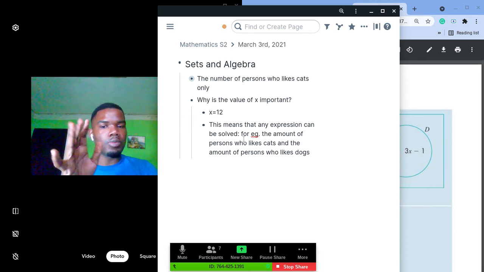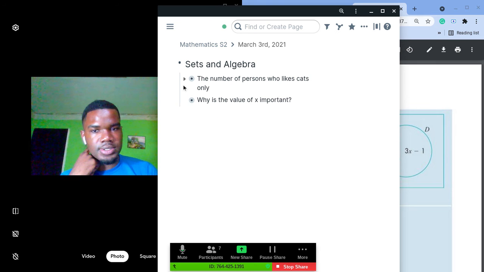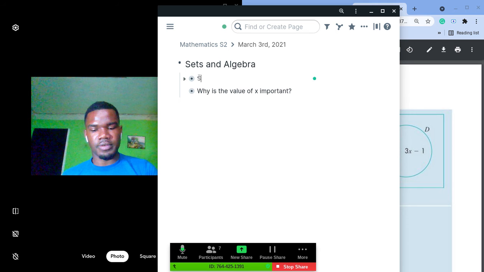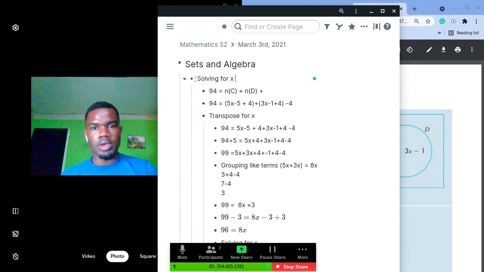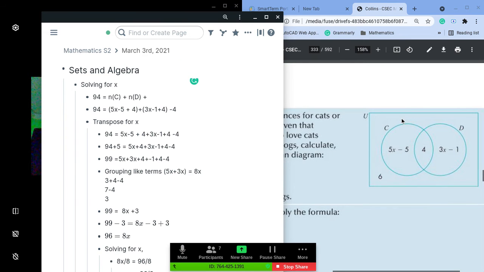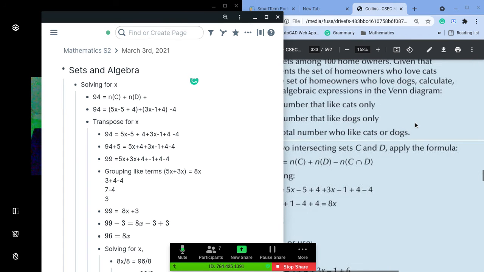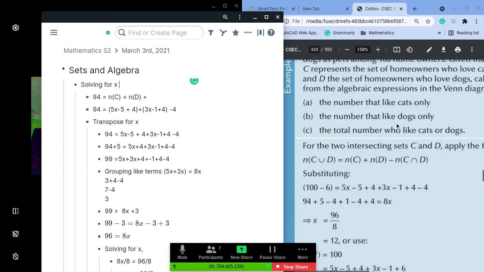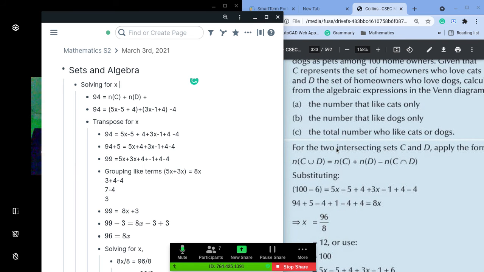So before we solve that, let's quickly go over the steps. This is really solving for x. The first thing we did was to write an equation to express what everything was representing in the graph. We said that the number of persons who like both cats and dogs is equal to 100 minus 6.